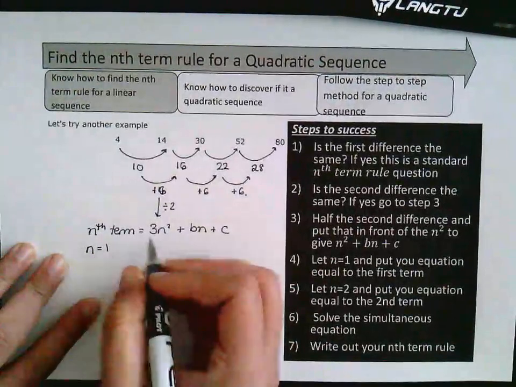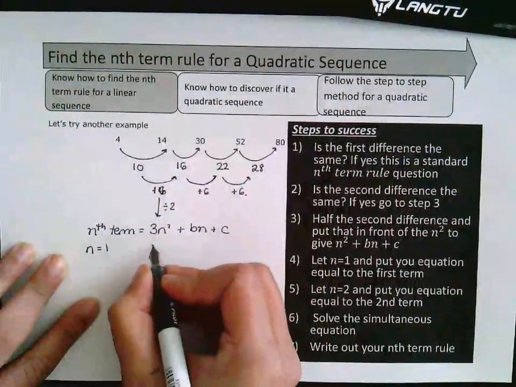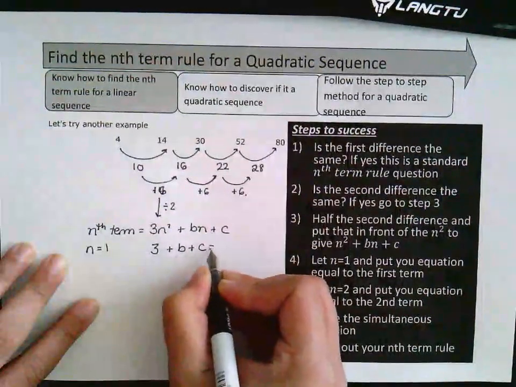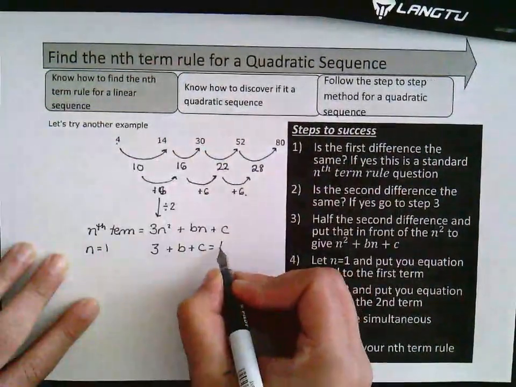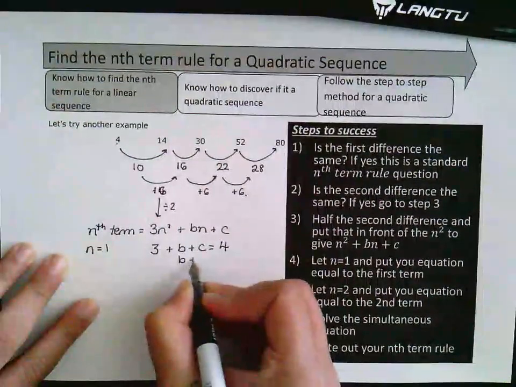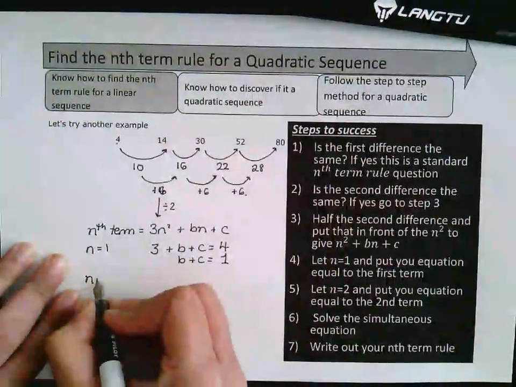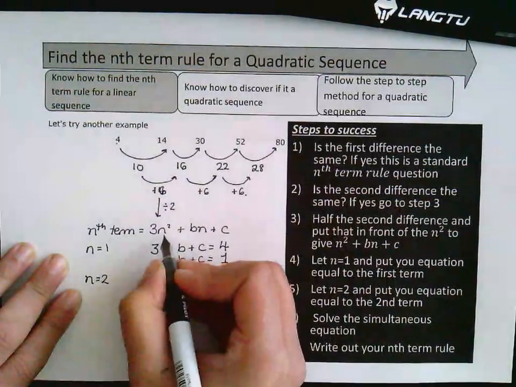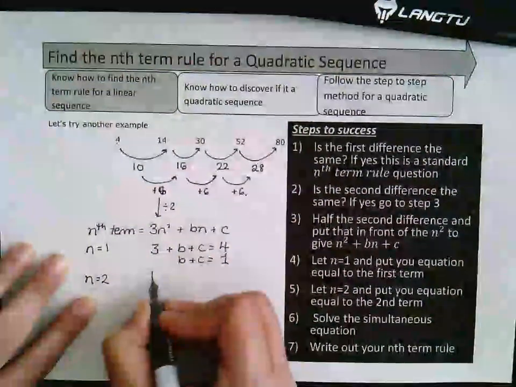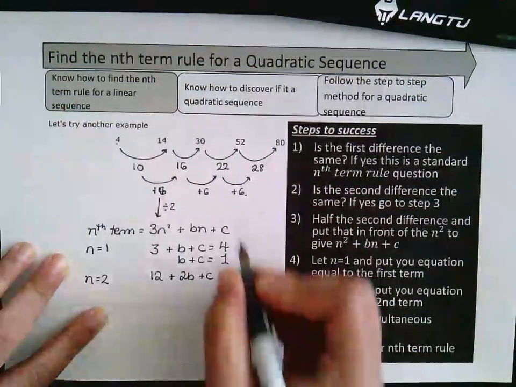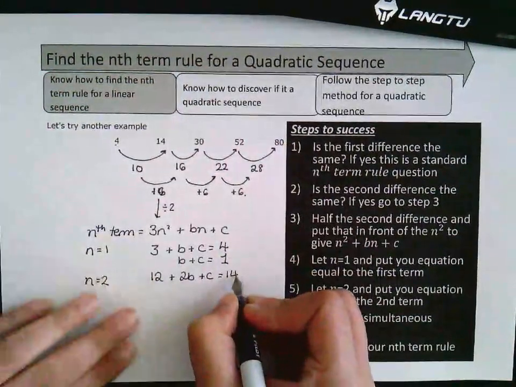First term, n is 1. 1 squared is 1 times 3 is 3 plus b plus c equals 4. b plus c equals 1. Let's let n equal 2. 2 squared is 4 times 3 is 12. And the second term is 14.